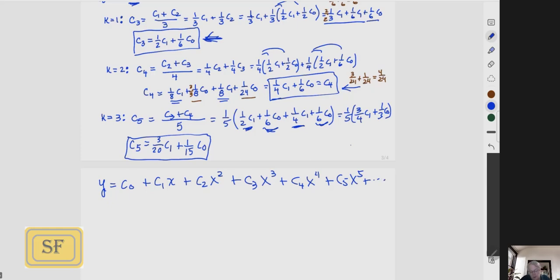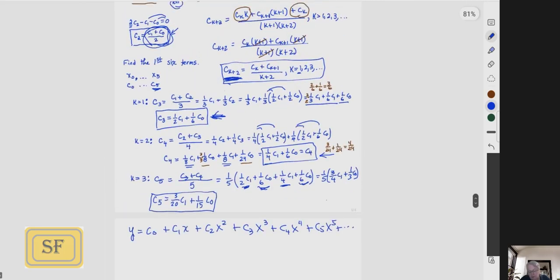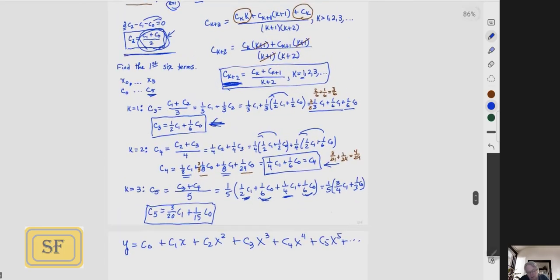Our lowest indexed term that we found was C2, and everything else is defined in terms of C0 and C1. So I have C0 plus C1 x plus, and then for C2, I'm going to use 1/2 C1 plus 1/2 C0.